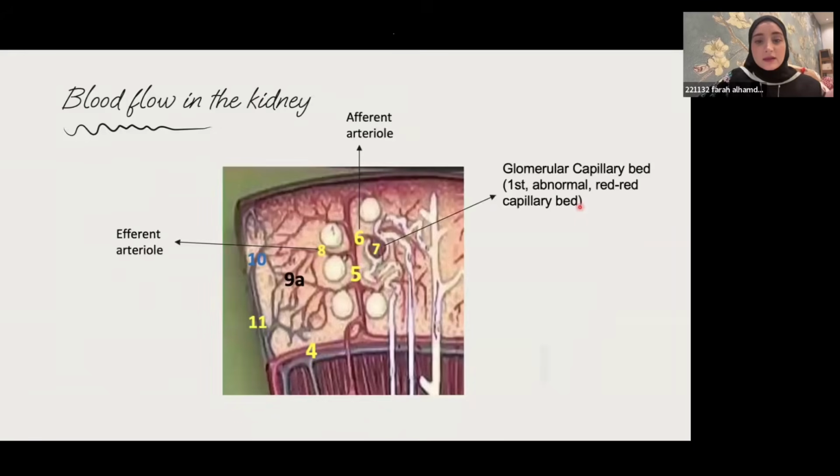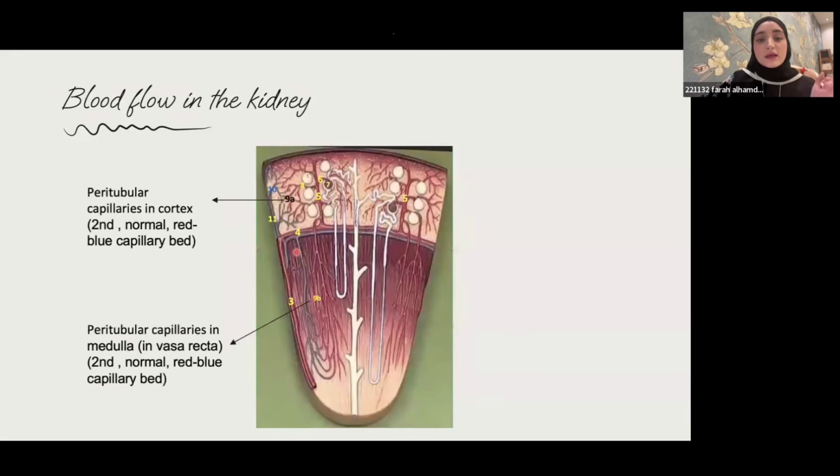So let's go back. We made the efferent arteriole, then the glomerulus. This is the first of the two types of capillary beds we have: the abnormal red to red capillary bed, as you see here. Then the efferent arteriole comes out and branches into blood vessels that, as our colleague mentioned, supply the nephrons, or the uriniferous tubules.